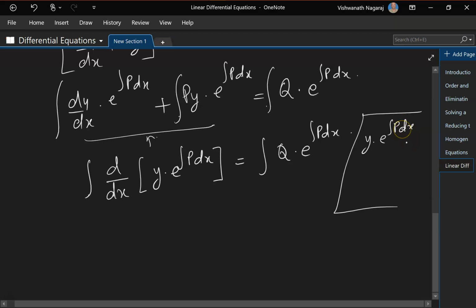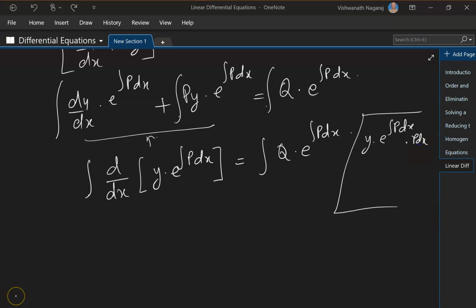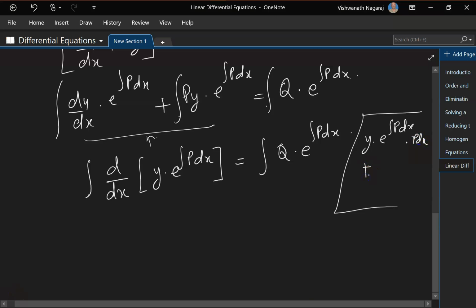Now we have to take care of this. When we differentiate the integral, it becomes p dx, plus, now we differentiate y. So we get dy by dx times e to the power of integral of p dx, which remains as it is.